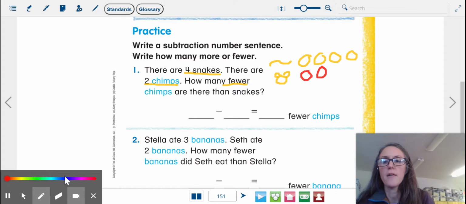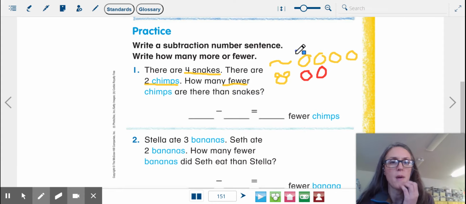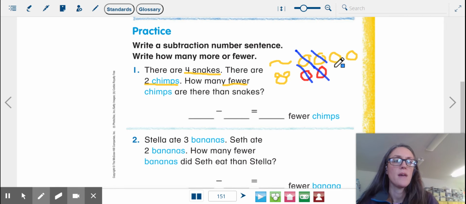Well, we can find out and compare the 2 numbers by crossing out the same number. So we can cross out one of the snakes and one of the chimps. Once we cross out the same number, there are no more chimp counters to cross out.